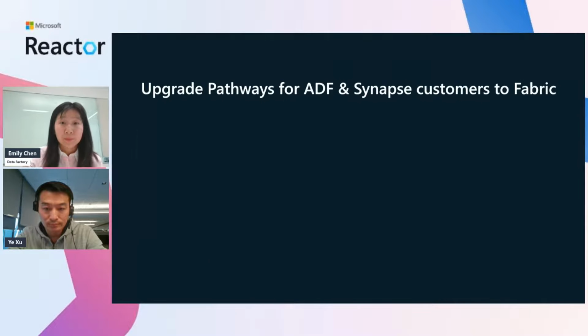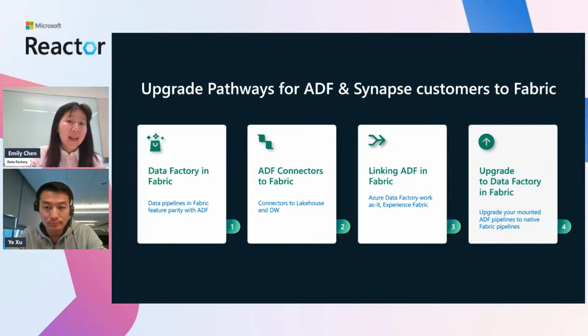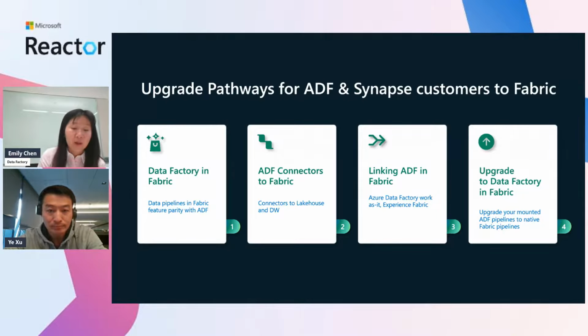The next we are going to talk about is, for ADF and Synapse customers, what is your upgrade journey? We provide four pillars for you. The first is Data Factory in Fabric. We want to ensure that we achieve feature parity between ADF, the Synapse pipeline, and Fabric.